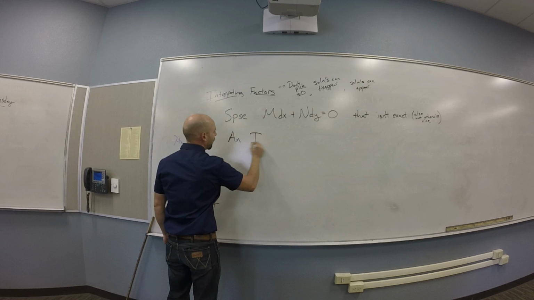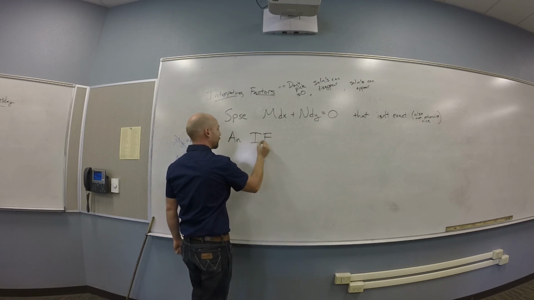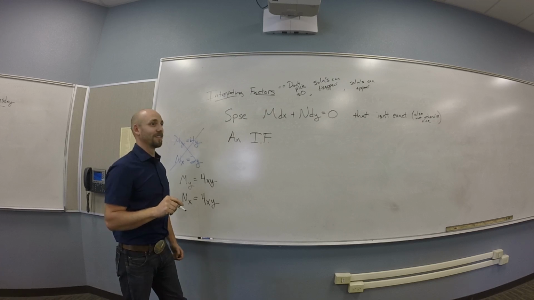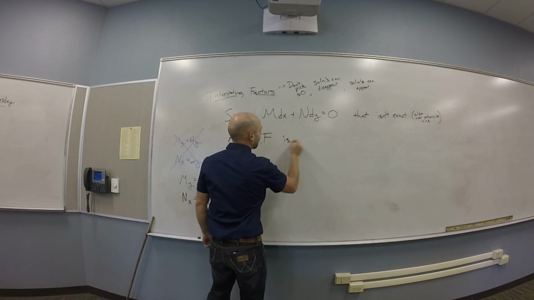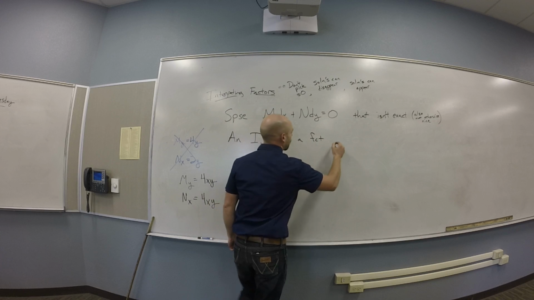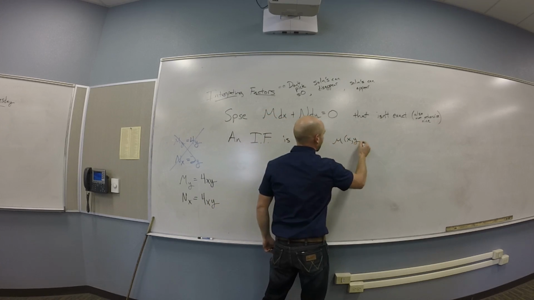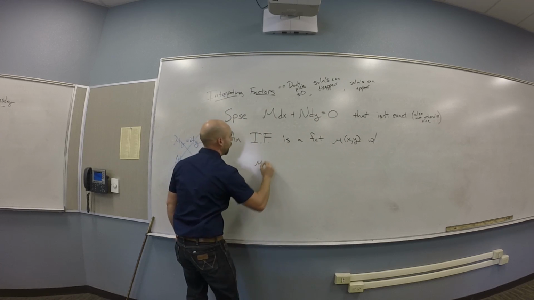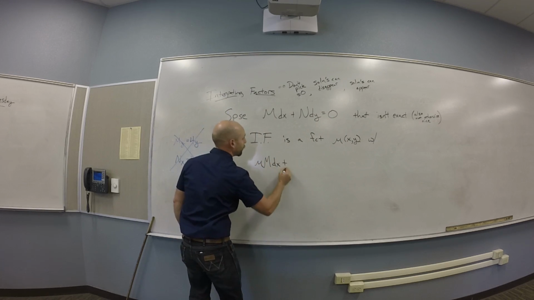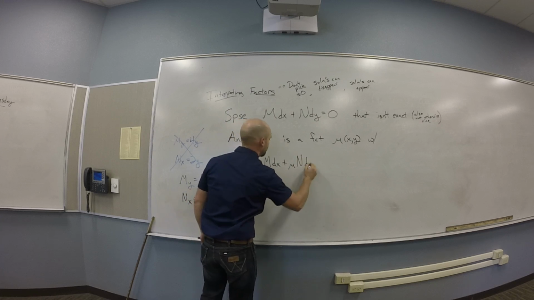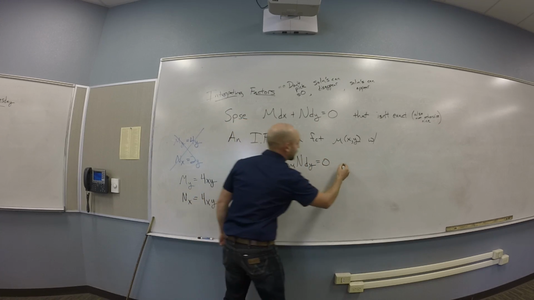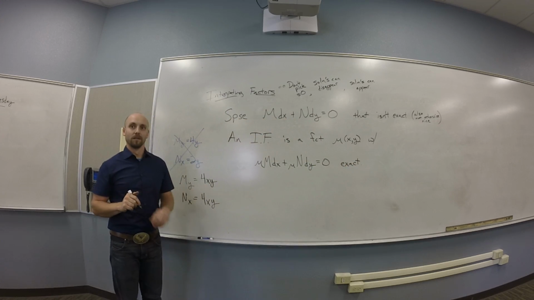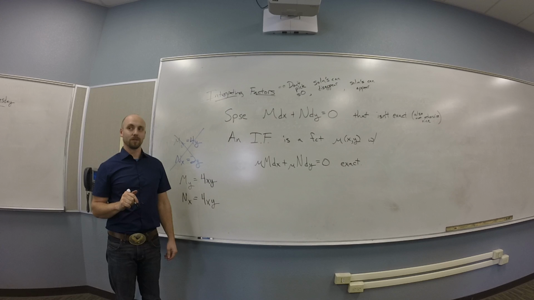An integrating factor, which I'm going to abbreviate IF because I can't be trusted to spell words that long, is a function mu, possibly of x and y, with mu M dx plus mu N dy equals 0 exact. You guys cool with that?